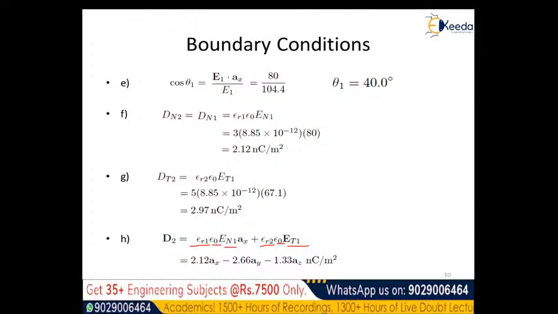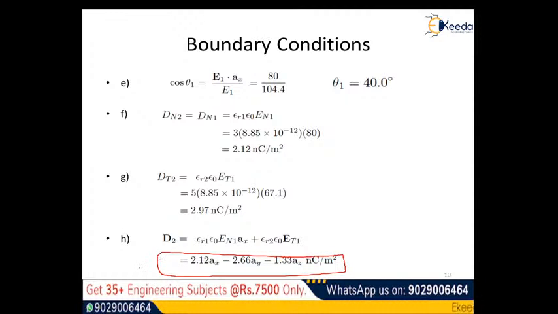So the result we obtain is 2.12 ax minus 2.66 ay minus 1.33 az into 10 to the power minus 9, that is nano. So we have this in terms of nanocoulombs per meter square here. So this is the D2 answer, the solution for part H.